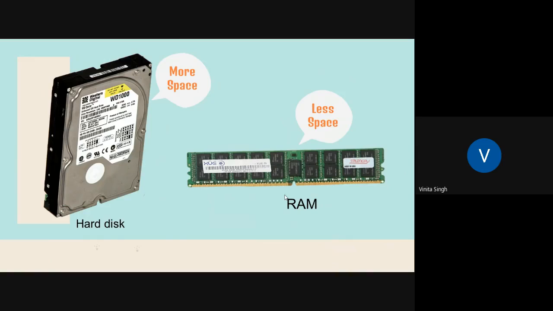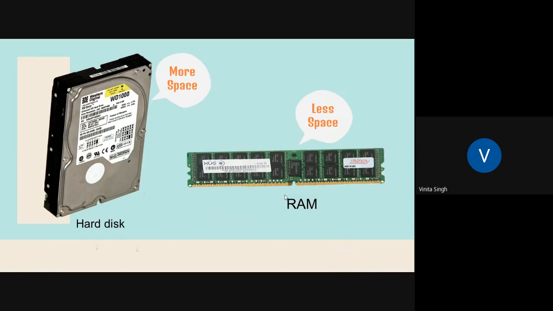The primary storage device that you see is the RAM, and the secondary storage device that you see is a hard disk. If we talk about the storage capacity of both, there is a huge gap between them.